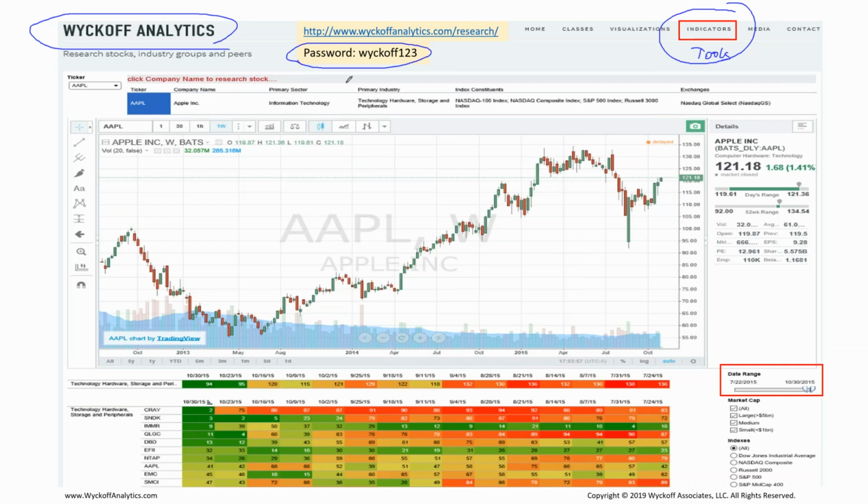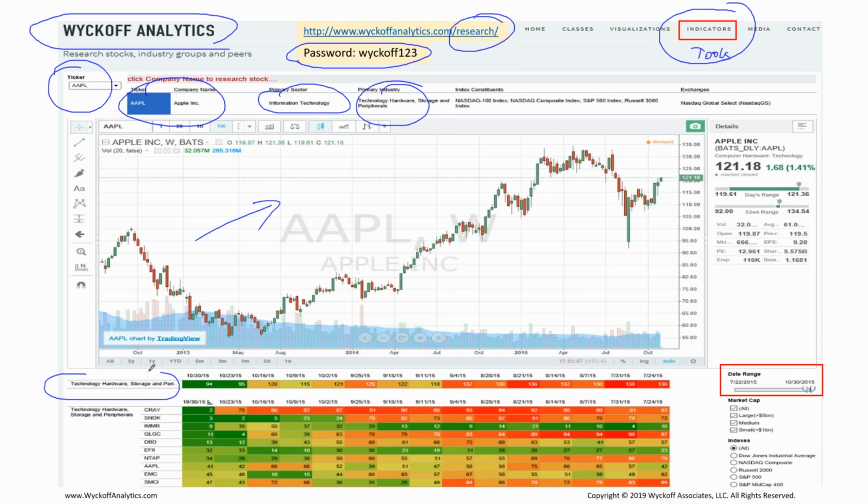I mentioned his name. And when we were looking at what we wanted to create, I said that it would be nice to also have some kind of research page where you could have the stock, like Apple here, see where it is from, which group, which sector, look at the chart, and then look at the group that it belongs to, look at the rotation in this group, and then look at the peers and be able to compare Apple to peers.